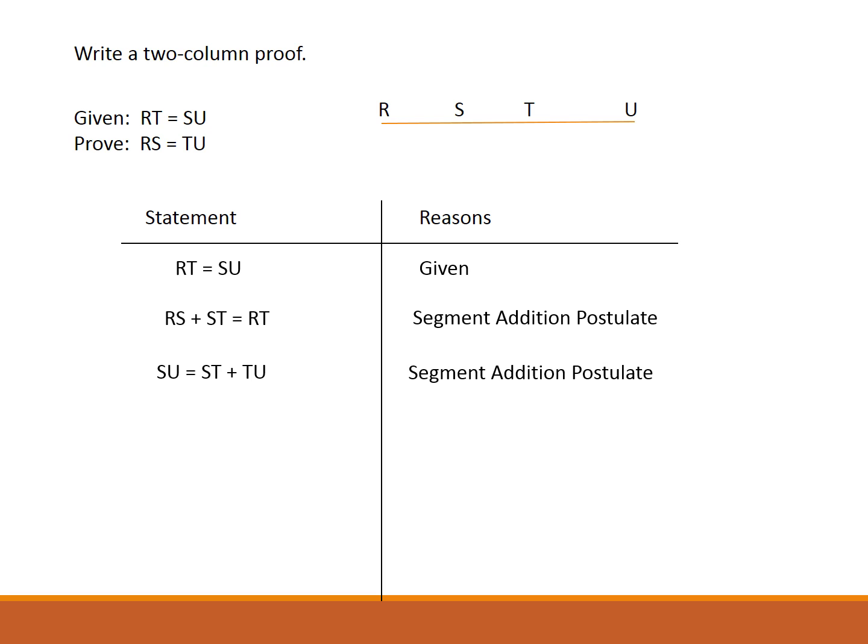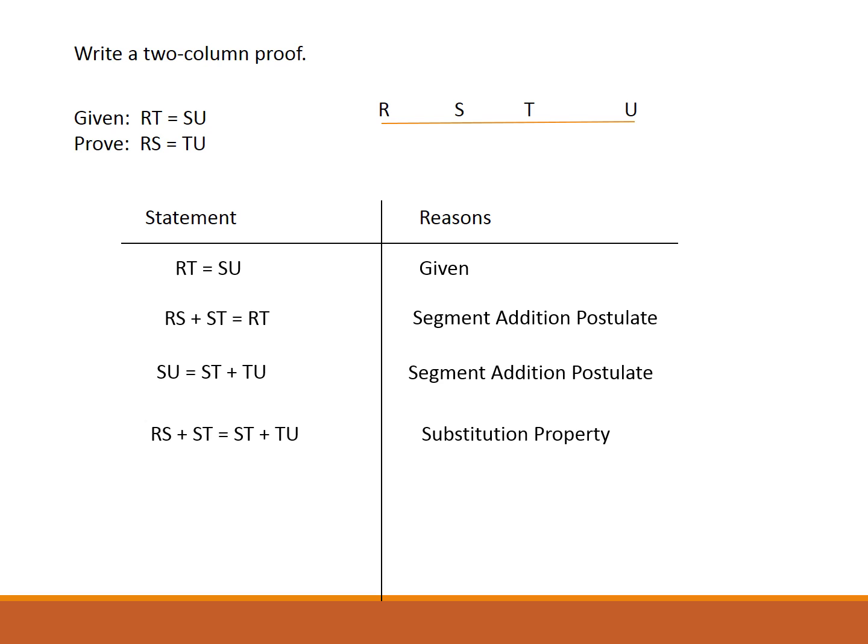Now we just have to try to get them on opposite sides of an equal sign. Well, remember, RT is equal to SU. So notice we could take those two statements, RS plus ST, to equal ST plus TU, because they're equal to each other. So what is that when we replace? Substitution property.